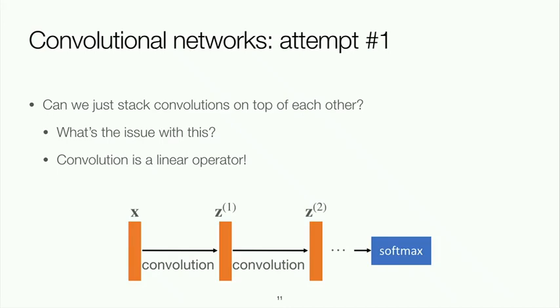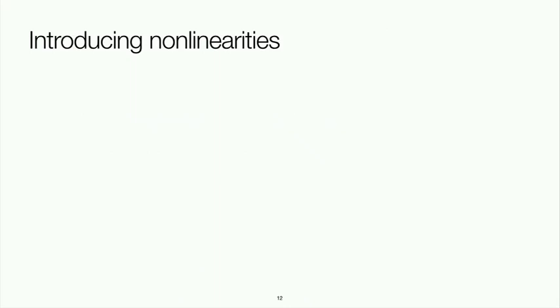So what do we have to do? We have to introduce nonlinearities. Just like we did last time, we're going to introduce nonlinearities and then imagine this situation where we're interleaving these different operations together: linear convolution operations with nonlinearities that usually, like we said before, just operate element-wise, in order to produce something that at the end is not going to be just a linear function of the input.